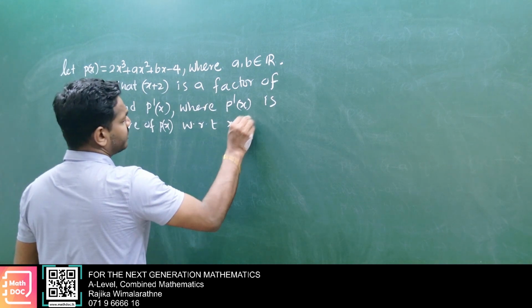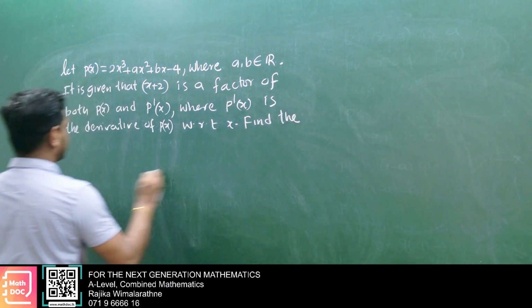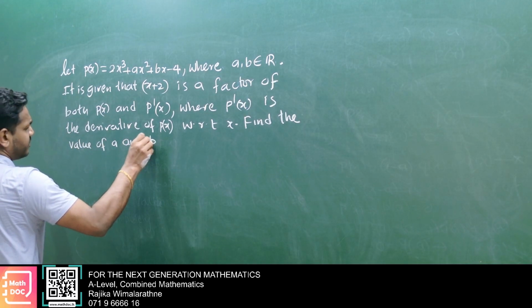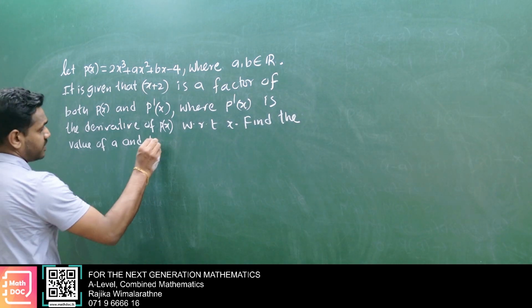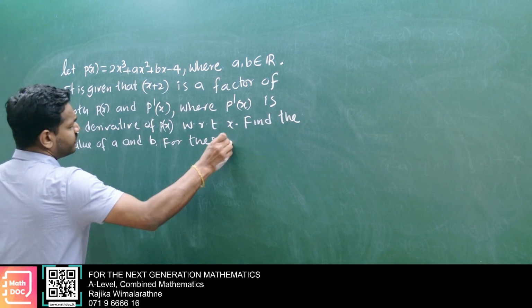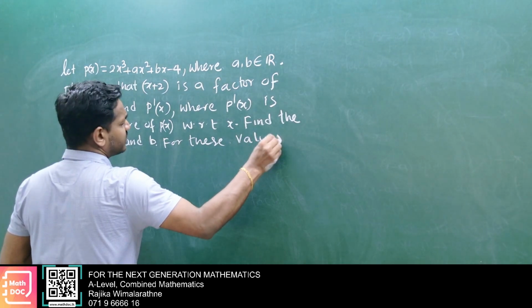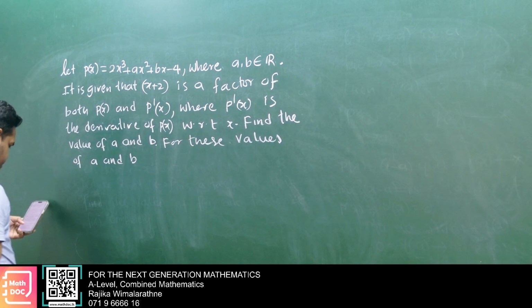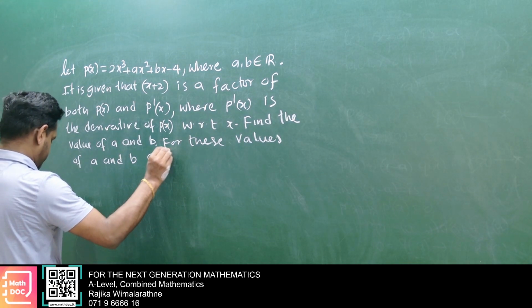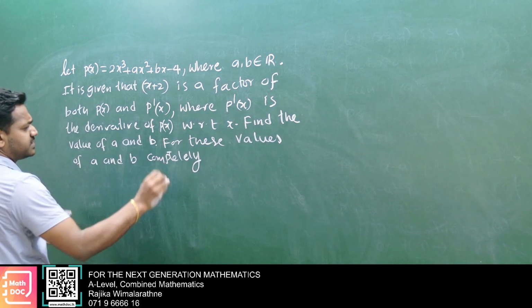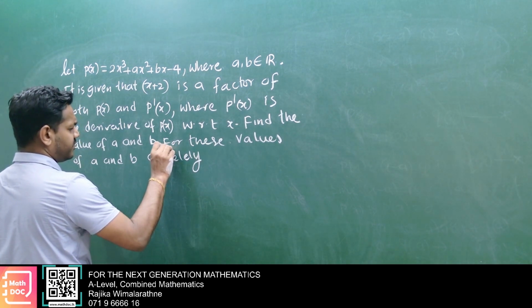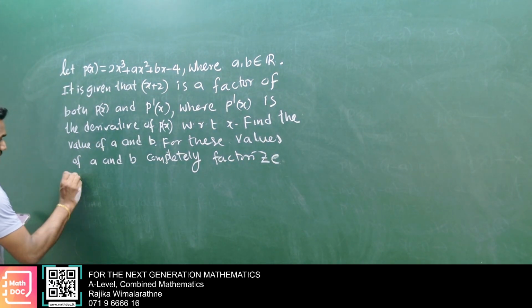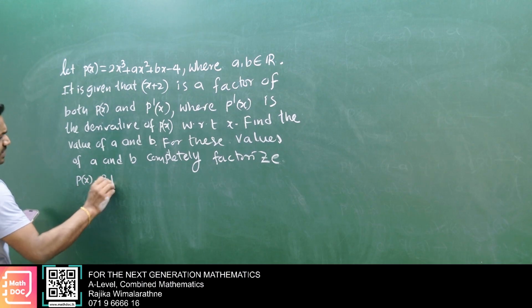Find the values of a and b. For these values of a and b, completely factorize P(x) − 3P'(x).